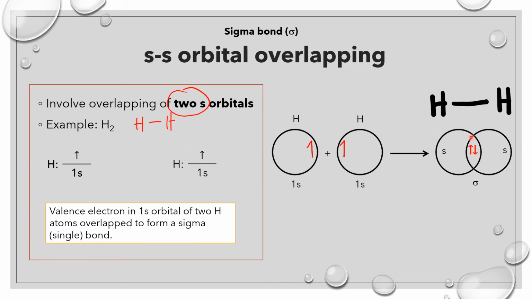The area of overlapping here is actually the single covalent bonding and this is the sigma bonding. When S orbital overlaps with S orbital end-to-end or head-to-head, a single covalent bond or sigma bonding is formed.